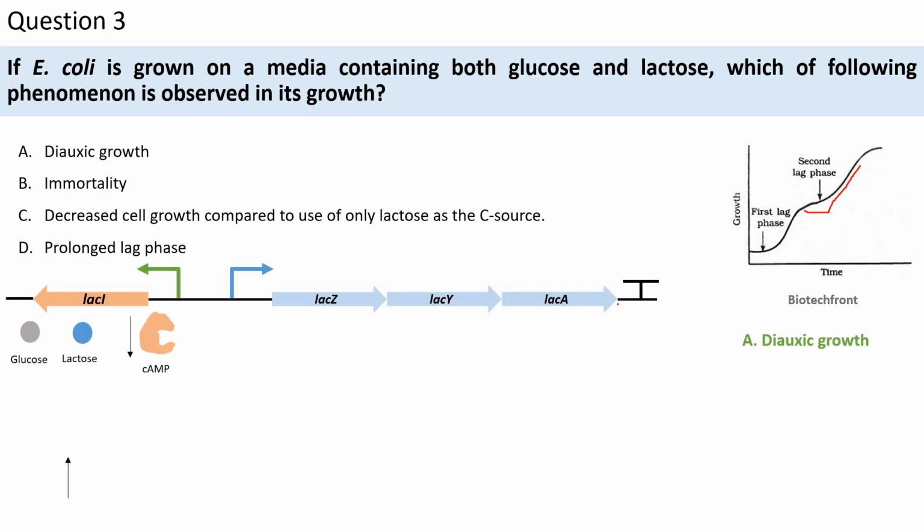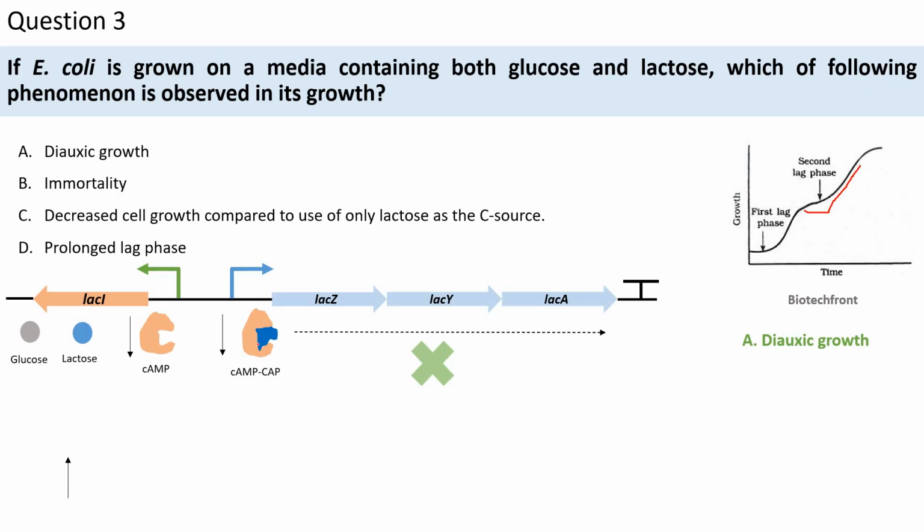If cAMP concentration is very low, the cAMP-CAP complex will also be very low. This cAMP-CAP complex acts as an activator for genes like LAC-Z and LAC-Y in the lac operon. If it does not bind, very little expression will happen.